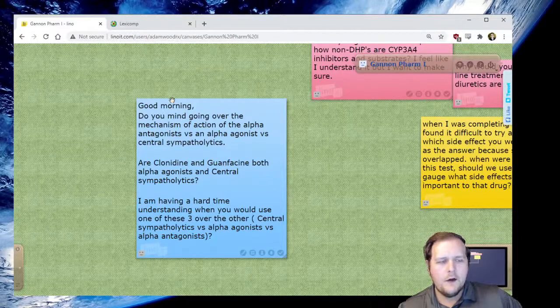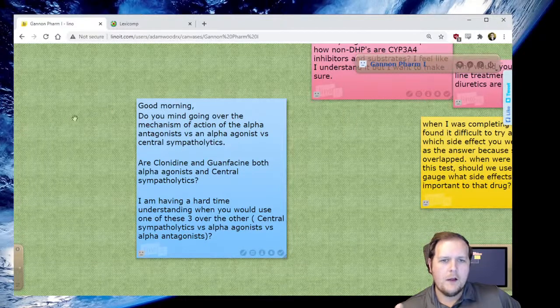Alpha 2, on the other hand, are going to be more so seen in the CNS, right? And that's where we get the term central sympatholytic. It's decreasing the activity of the sympathetic nervous system by activating alpha 2 receptors. Essentially, what that means is that alpha 2 receptors are responsible for shutting down production or release of norepinephrine, right?